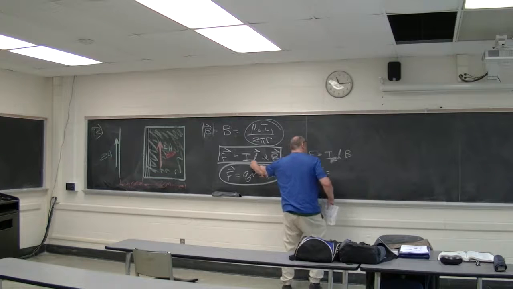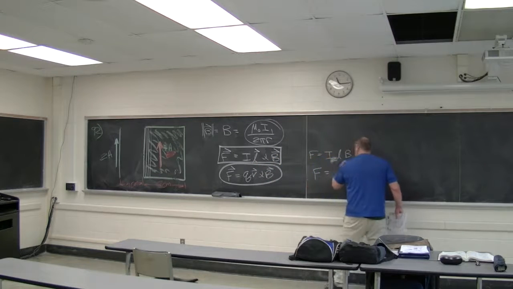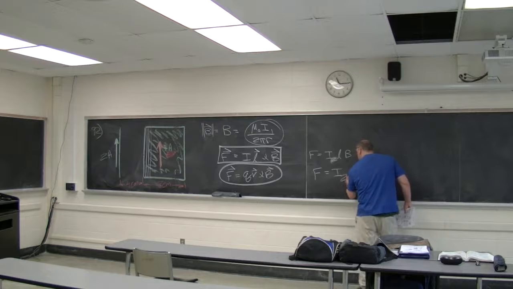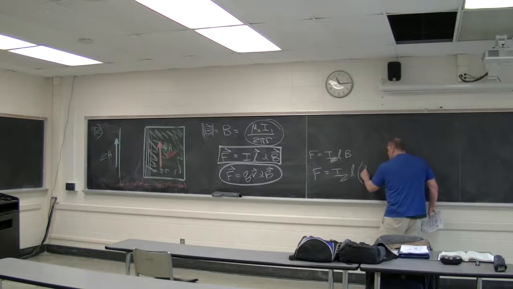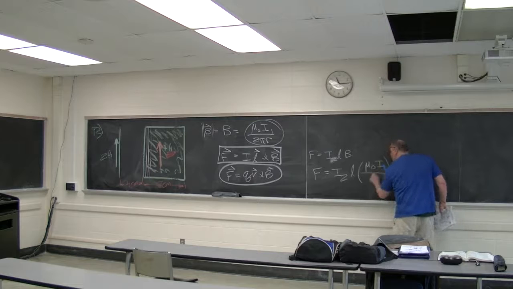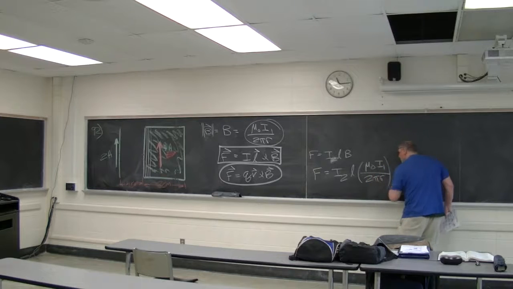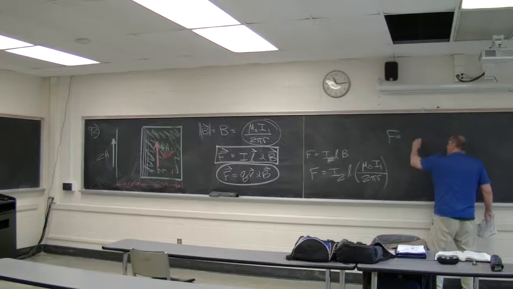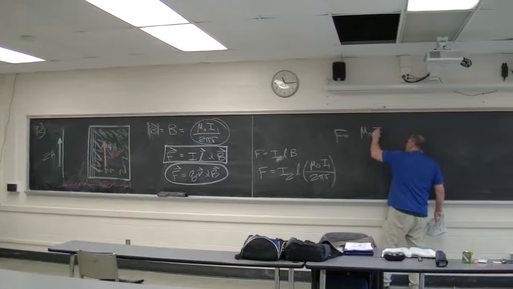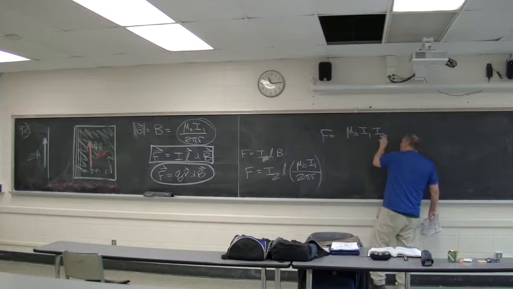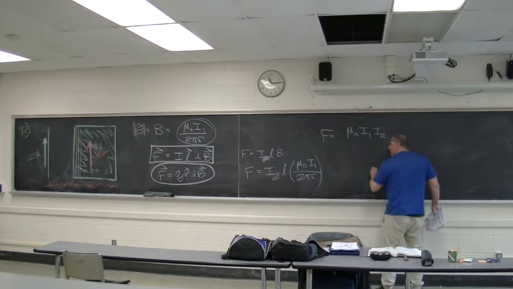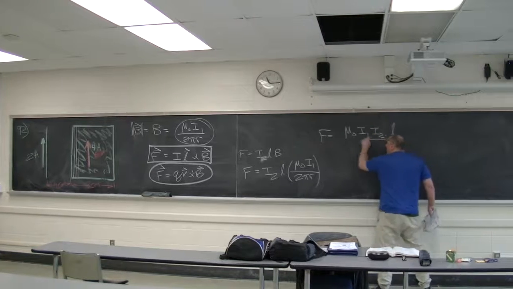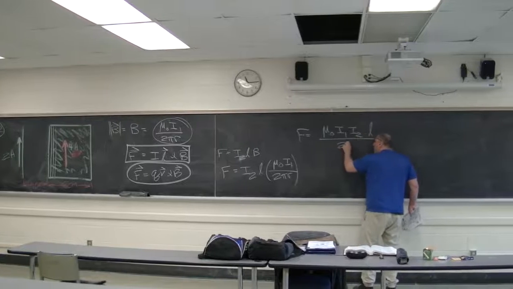This guy's associated with the I2. So it's I2 times mu 0 I1. So what do we got? We got mu 0 I1 I2 L over 2 pi r.